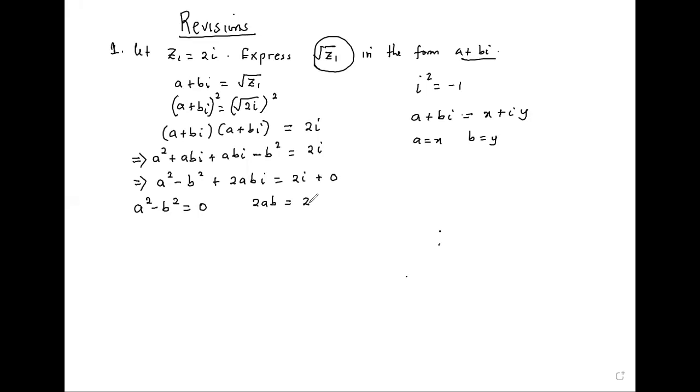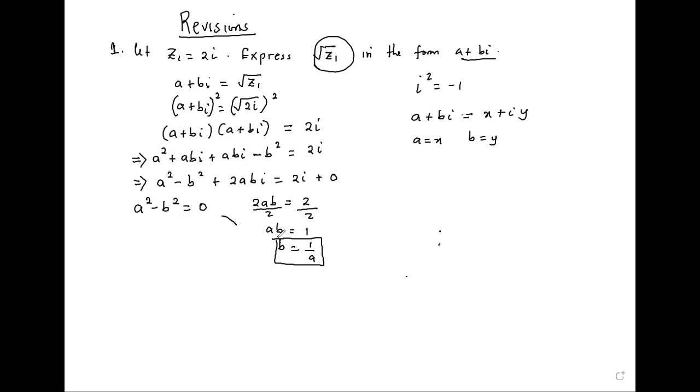Our target here is to find a and b. So we can divide by 2 here, divide by 2 there, and get ab equal to 1. What happens if you solve for one of them here? Let's solve for b. b is going to be 1 over a.